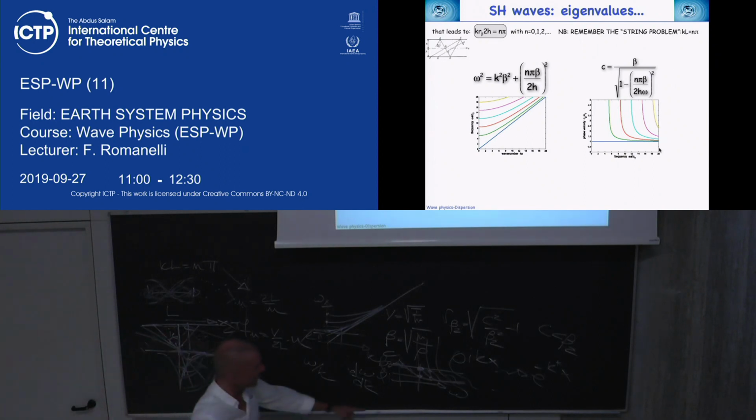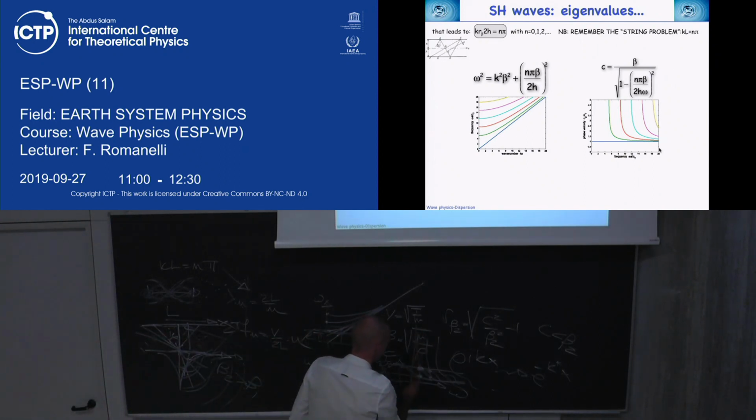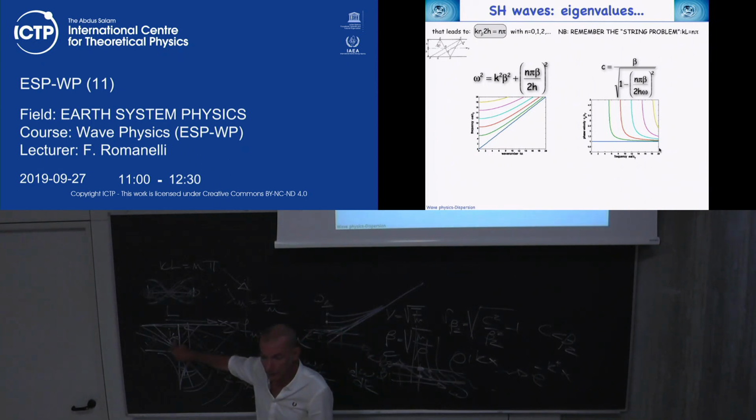So this cutoff here, in the plate, it was going to infinite phase velocity. Here we cannot. Because beta 2 will be, yes, larger than beta 1, but critical angle has to be overcome.